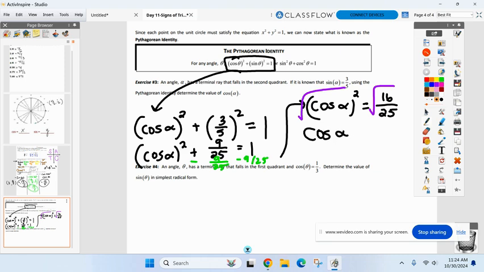And here's where I'm going to get fired up. Can everyone do the square root of 16/25 on the calculator? Yeah. You can, huh? It would actually be negative, because it's the second quadrant. It's the square root, not the square.